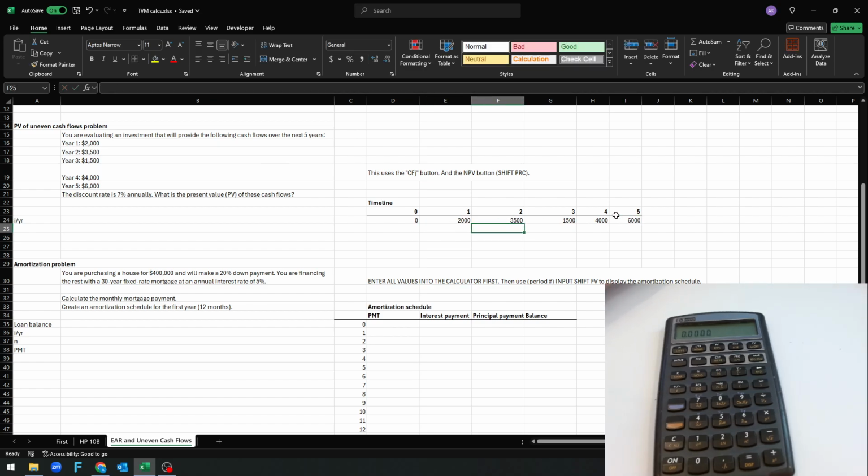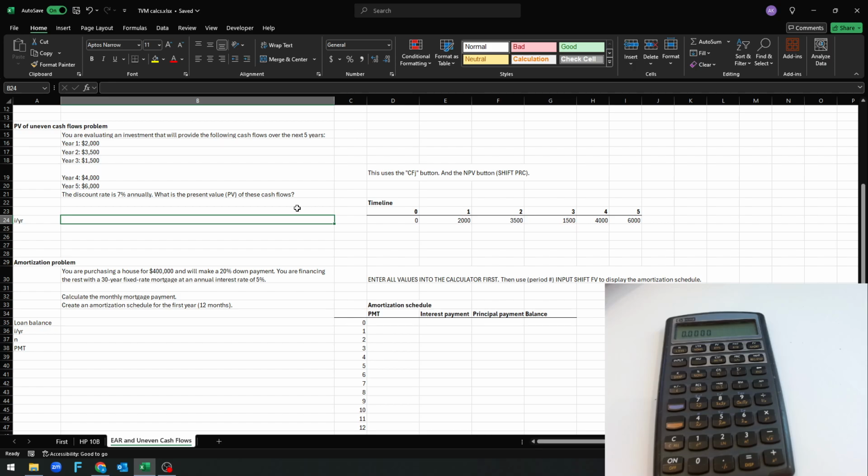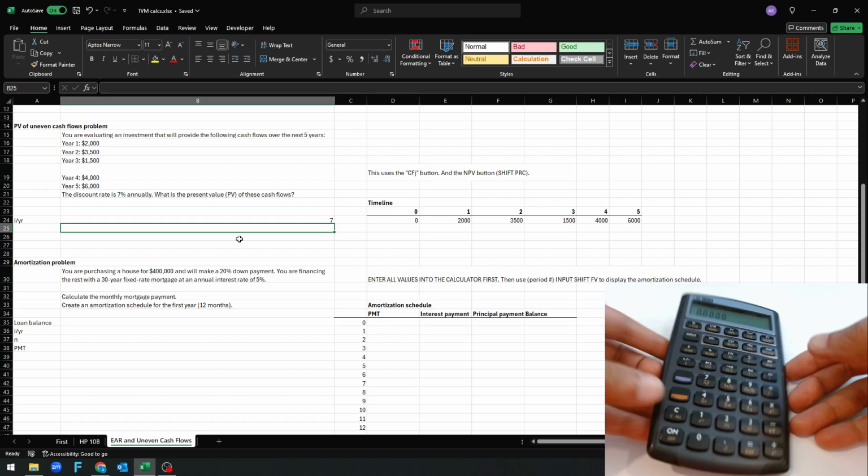And you could break these down, calculate each one individually and sum them like this, discount each one back, or you can just use this simpler method, which I'll show you in a second. So we've got the timeline of the cash flows, and then interest per year is 7. So let's do this in the calculator.